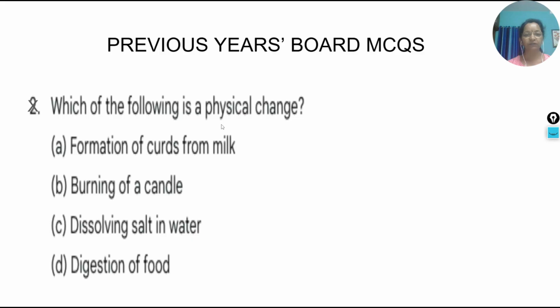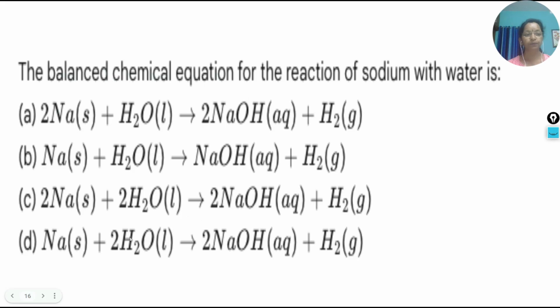It is showing which of the following is a physical change. Physical change means there should not be any chemical change. So, curd from milk, burning of a candle, dissolving salt in water, digestion of food. It's very clear that dissolving salt in water, which is reversible, is a physical change.